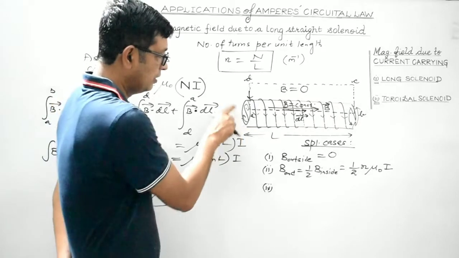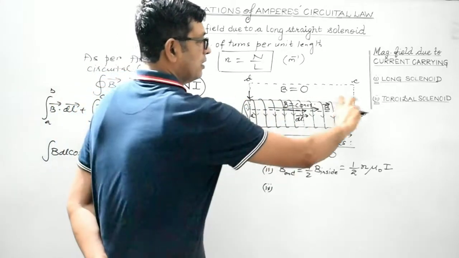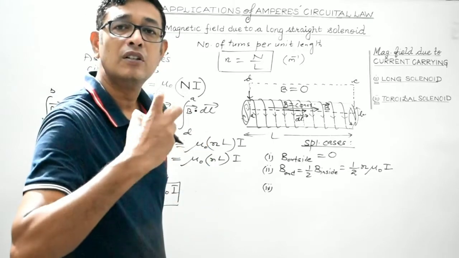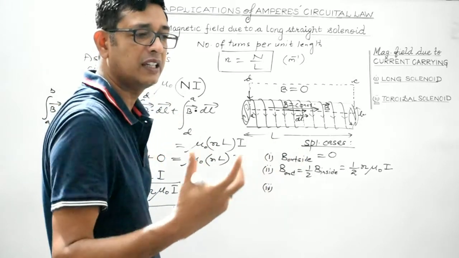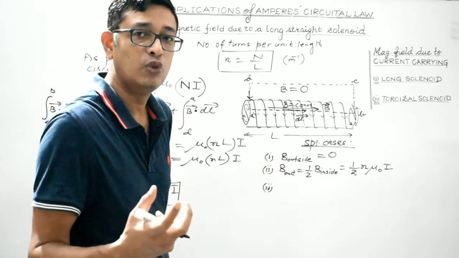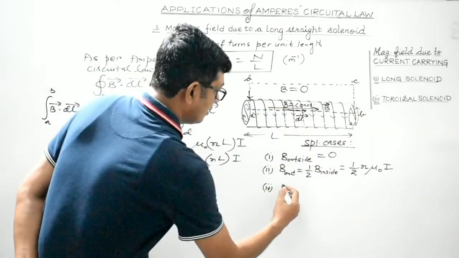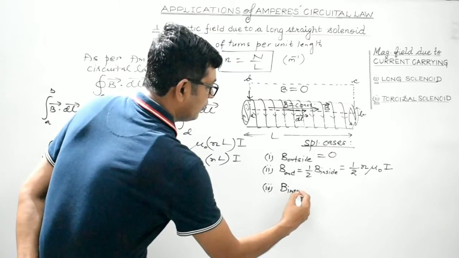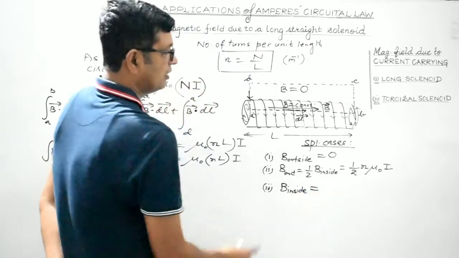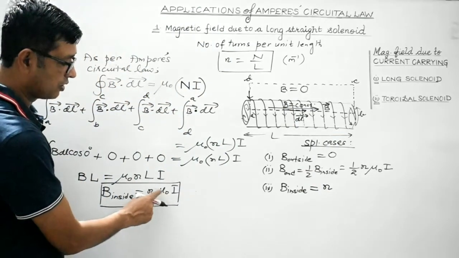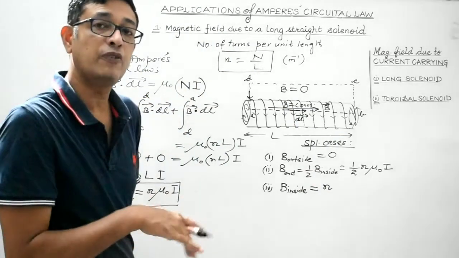Third, suppose the space is filled with some medium, or you can say some rod of a material of permeability mu is inserted as a core. Then the magnetic field at a point inside the current carrying solenoid will be given by n in place of mu naught. This signifies the absolute permeability of free space.